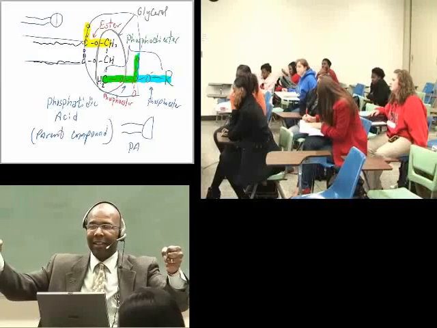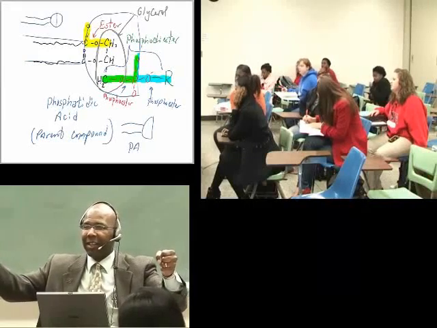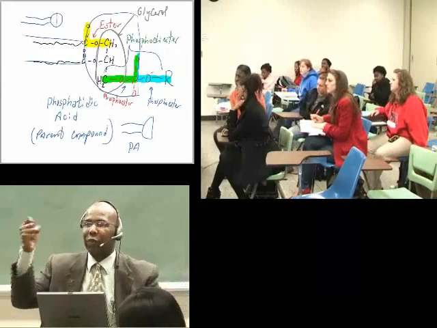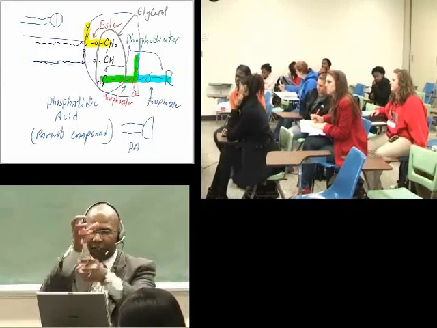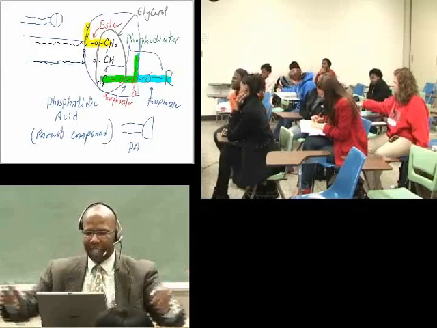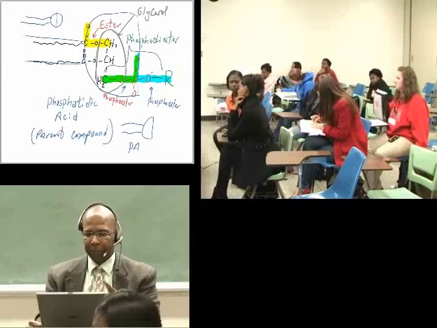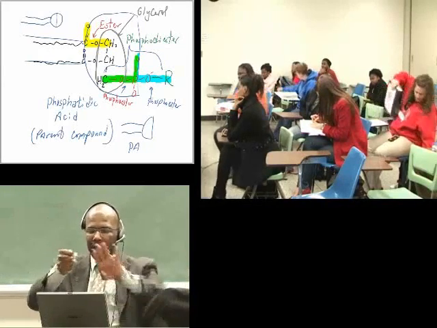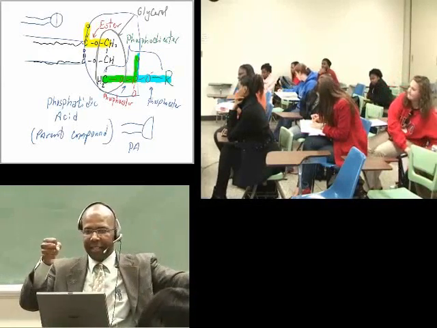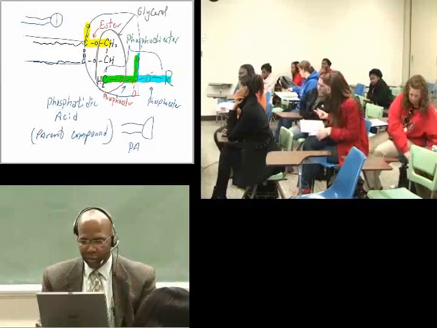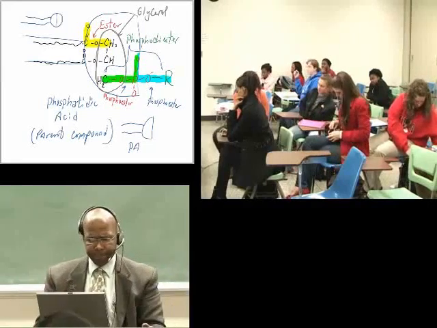What type of bond is that? A phosphodiester, exactly, because that phosphate is joined to 2 things. What's the name of the bond between glycerol and the fatty acid? That's an ester. Very good.